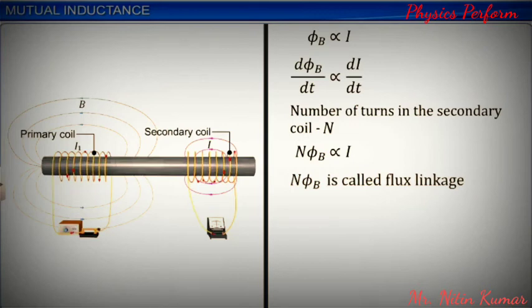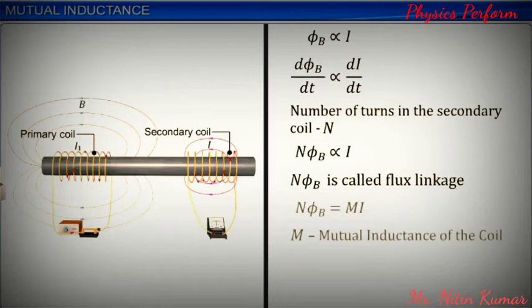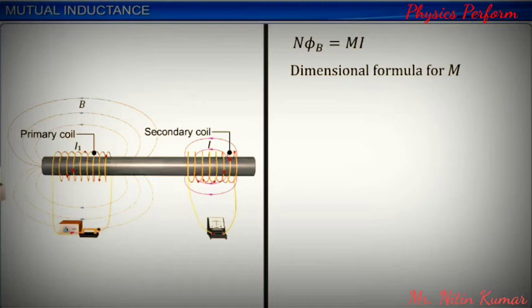The constant of proportionality M between the flux linkage and the current is called the mutual inductance of the coil. Inductance is a scalar quantity and has the dimensions M L^2 T^-2 A^-2.